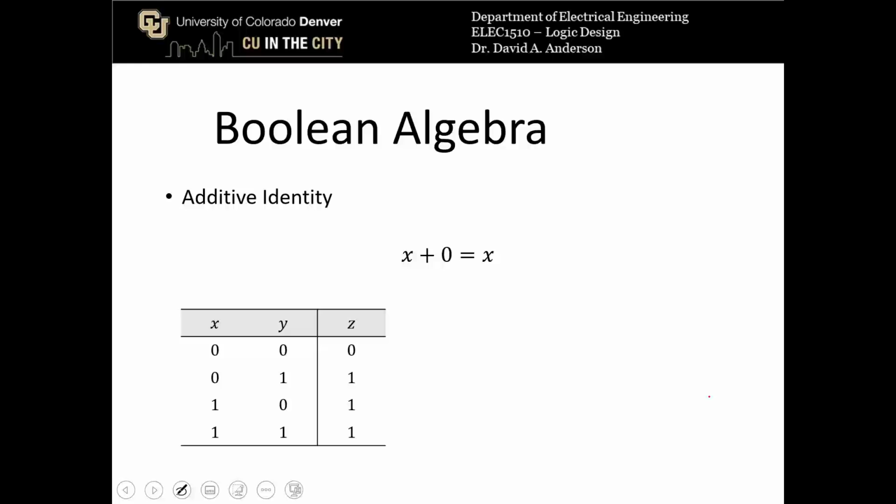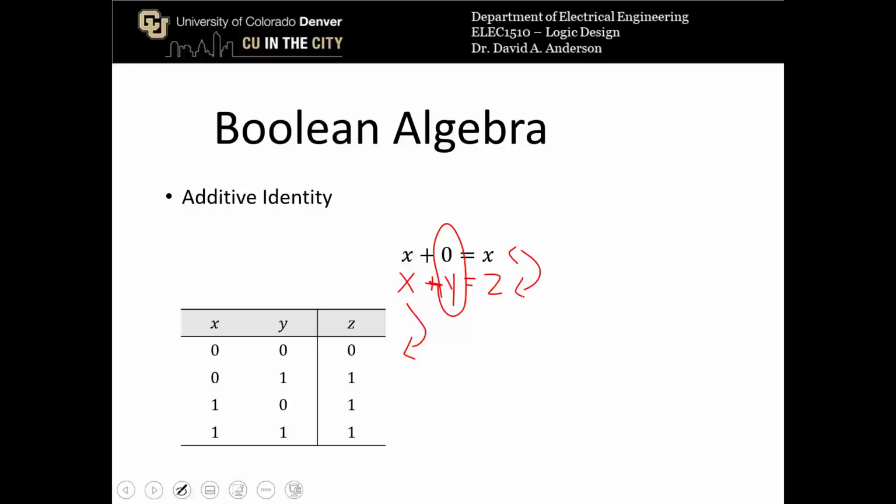The additive identity says that x or 0 is equal to x. So let's prove this again using the truth table for the function x or y is equal to z. Now that truth table is shown here, but now y is going to be equal to 0, and I will prove that x is equal to z.